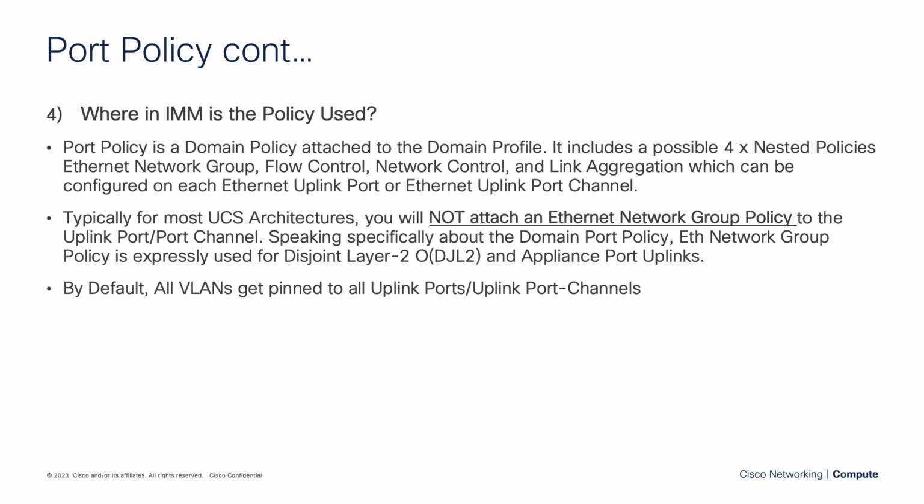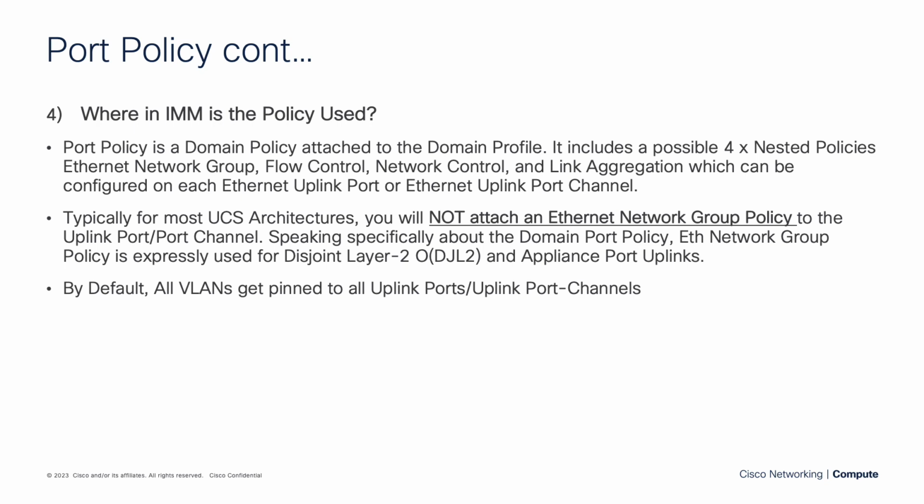So you'll have a port policy name-A for A fabric, port policy name-B for B fabric, and really where that comes into play is if you're using Fibre Channel uplink and you have VSAN numbers, identifiers that are different between fabric A and fabric B, which is common, then you're going to want to create two separate fabric-specific port policies.